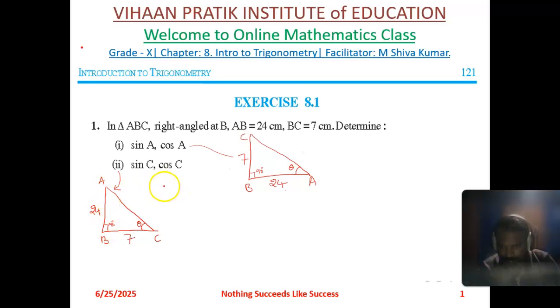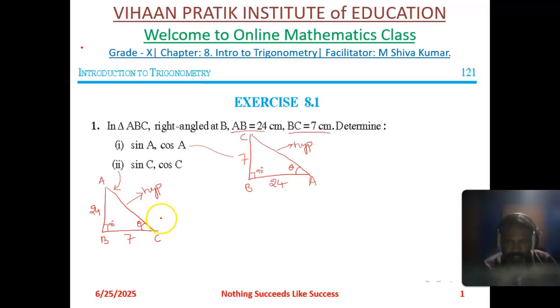So one side is given, AB, which is 24. The other side is given, BC, which is 7 centimeters. But we don't know the third side. The third side is called the hypotenuse. So in this right angle triangle, we don't know the third side, the hypotenuse.